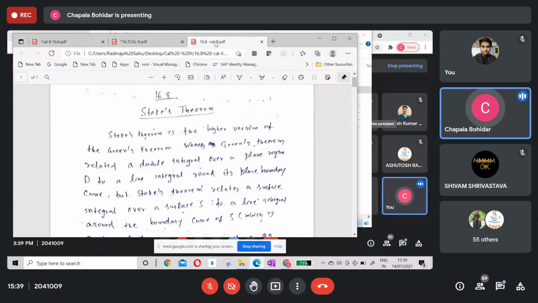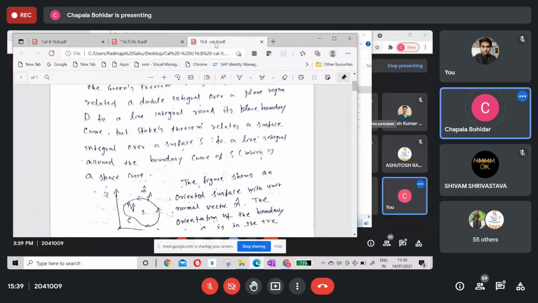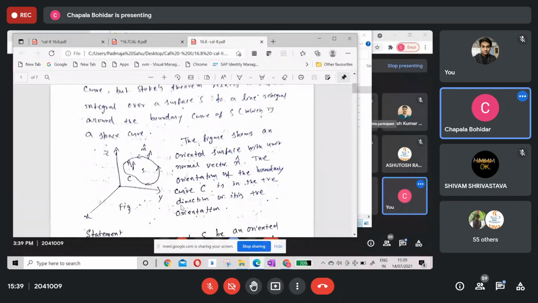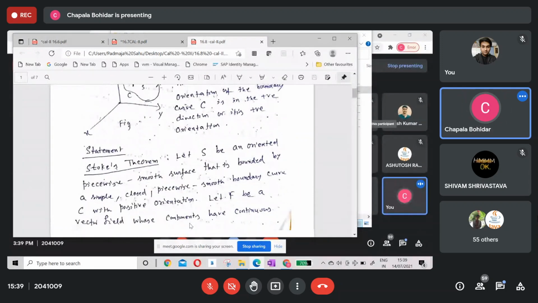Green's theorem relates the double integral over a plane region D to the line integral around its plane boundary curve. But Stokes theorem relates the surface integral over the surface S to the line integral around the boundary curve C of S. Here it concerns an oriented surface with normal vector n and the orientation of boundary C in the positive direction. These are all in the positive orientation.